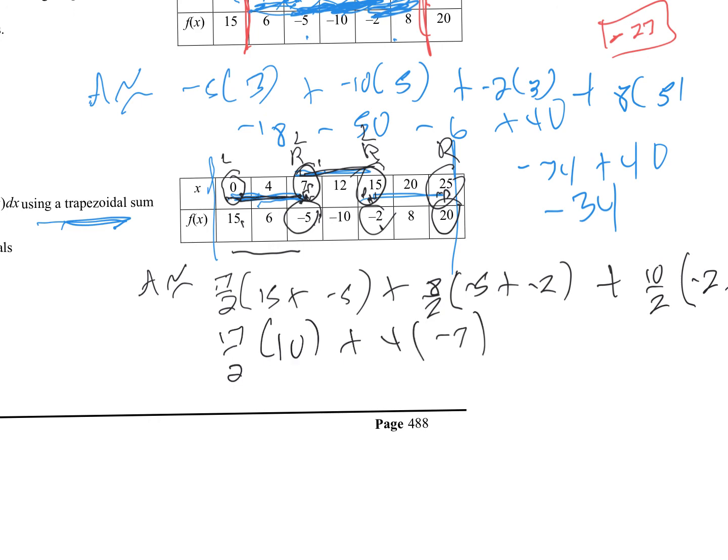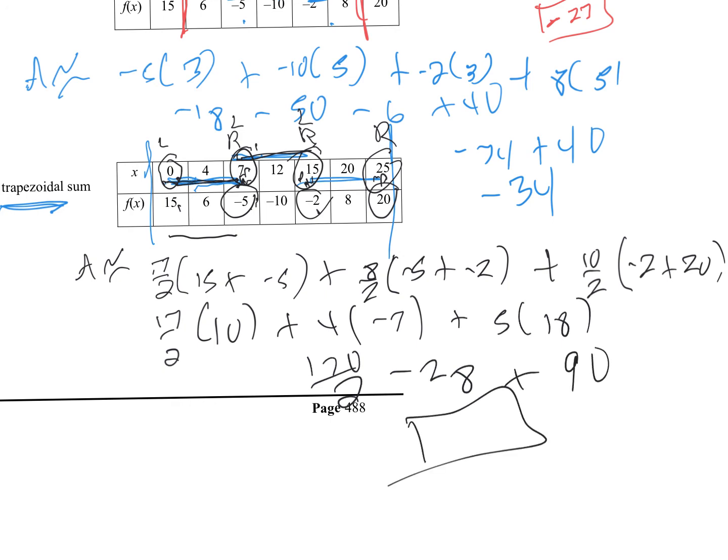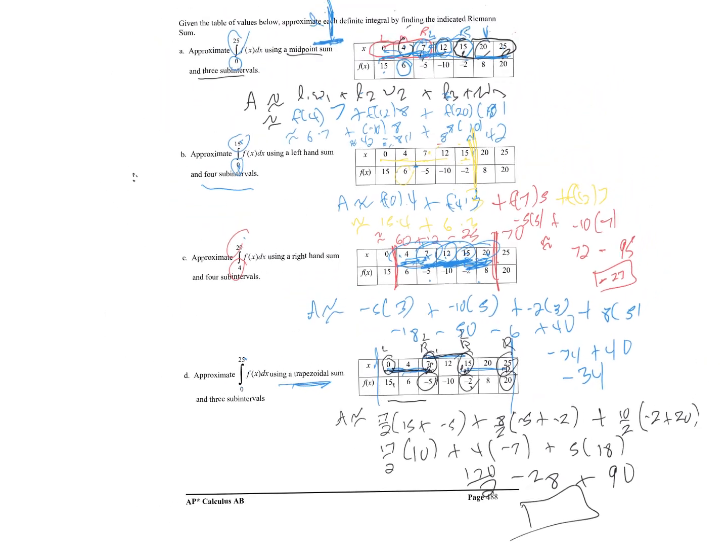I'm going fast, so there's a possibility that I'm wrong here. 5 times the 18. 170 over 2 minus 28 plus 90. You can finish that math. I don't know if I want to do it. Oof.